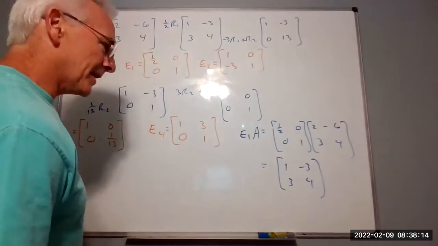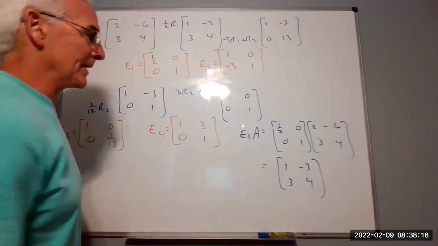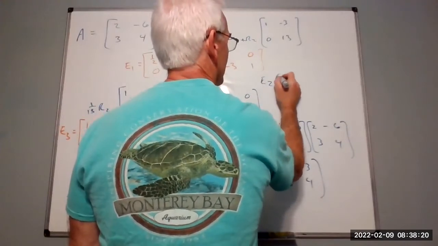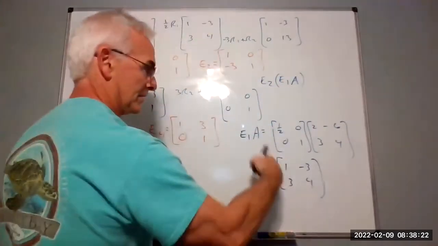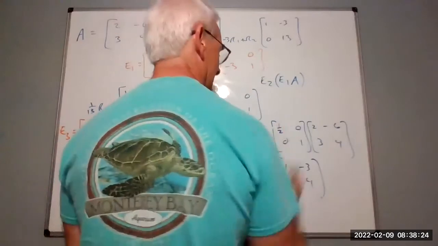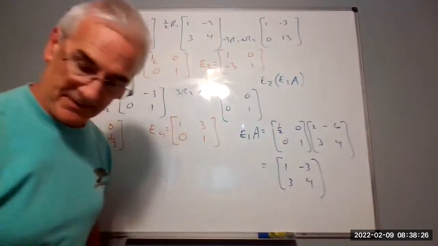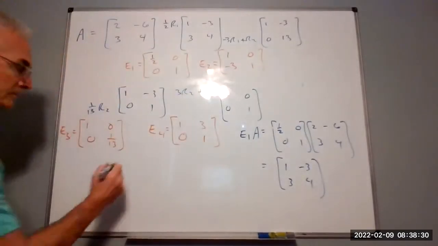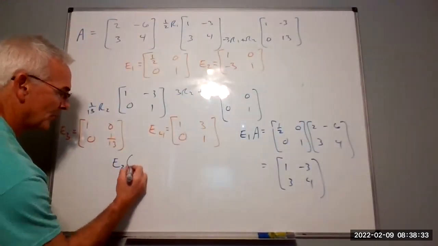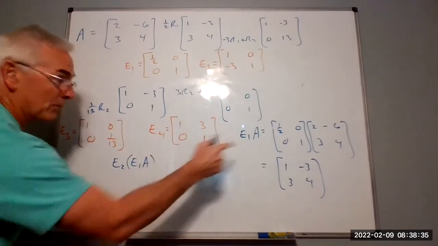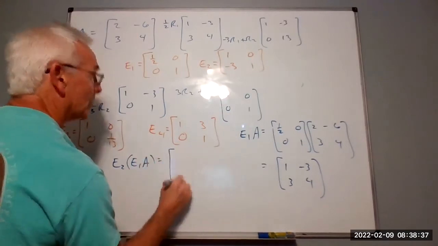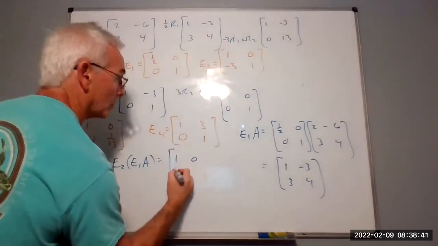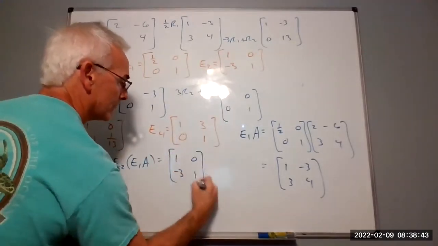Now, what if I do the same thing, but now I take E2? I'm going to take E2 and multiply it by the result. Okay, what would I get? I'm not going to have enough room here. Let me write it over here. Let me take E2 and multiply it by that result. Well, E2 was this, 1, 0, -3, 1.